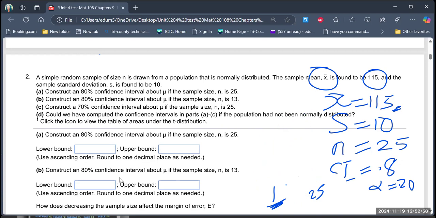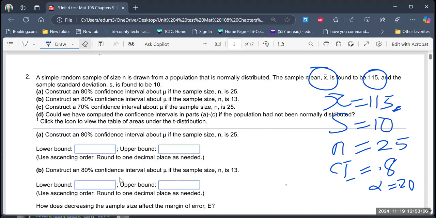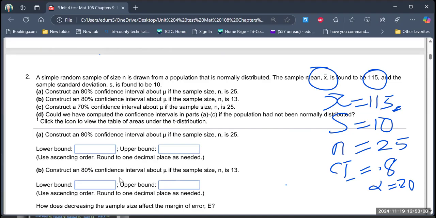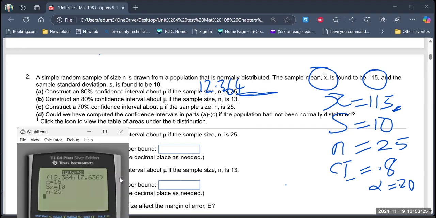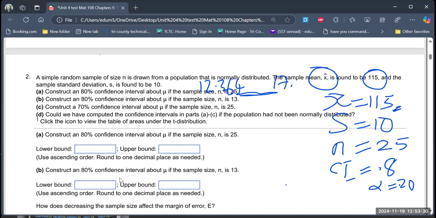All right, so for this first question, the confidence interval is from the lower bound, 12.364, to the upper bound, 17.636.